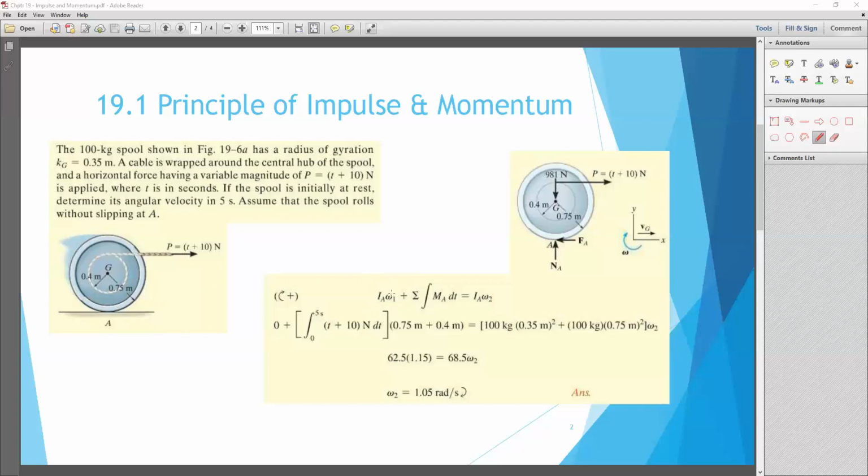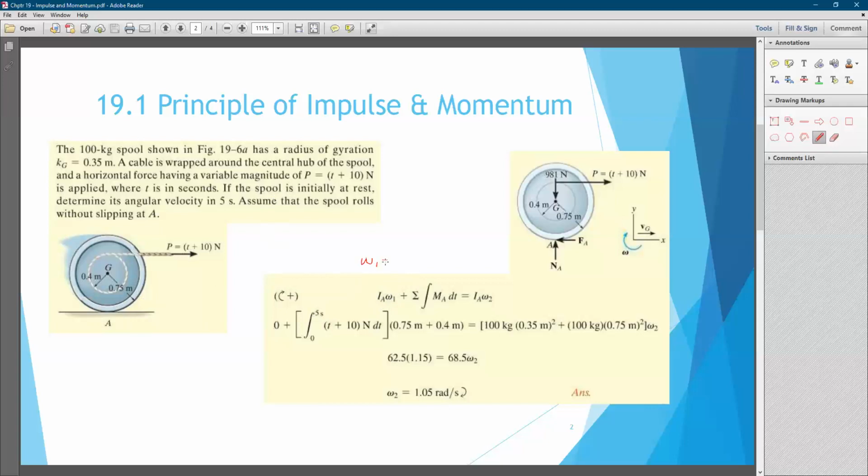However, it is mentioned here that the spool is initially at rest. Therefore, omega 1 is equal to 0, and this part will become 0. Moving on to this part here, the summation of moment that changes with time.